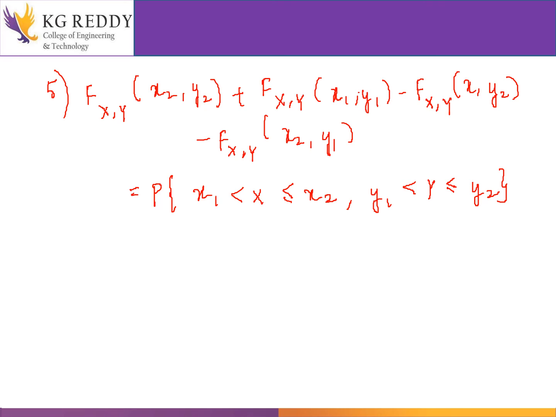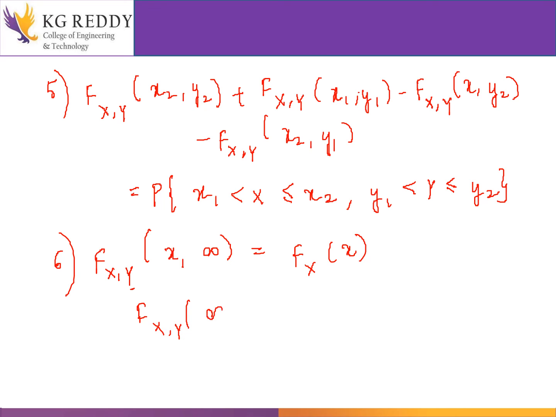And the last property: F_X,Y(x, infinity), where y is up to infinity, will be equal to F_X(x). In the same way, F_X,Y(infinity, y), where x is up to infinity, will be just equal to F_Y(y).